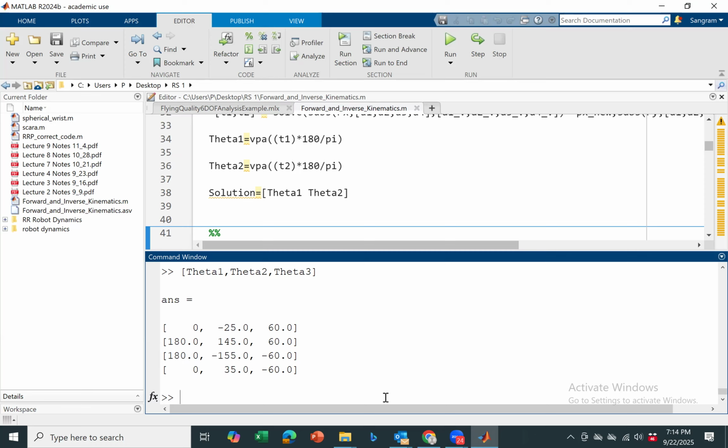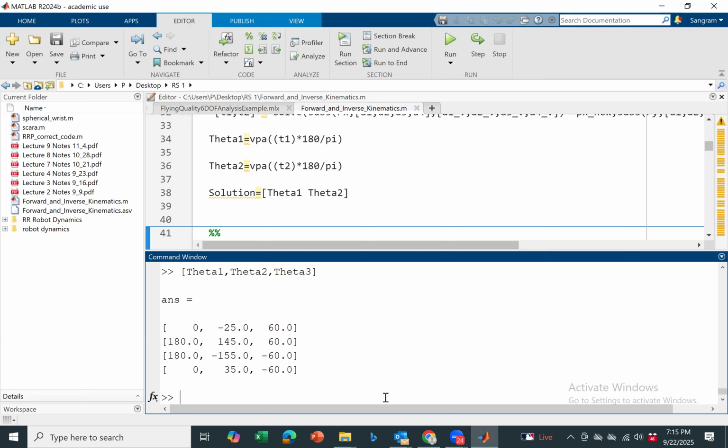Some of these angles may not be realizable. I want to give you an example. Think about the robot. You can see whether theta 1 equal to 0 is an angle which the robot can attain. Whether theta 1 equal to 180 is an angle the robot can attain, so basically the robot goes all the way to the back.